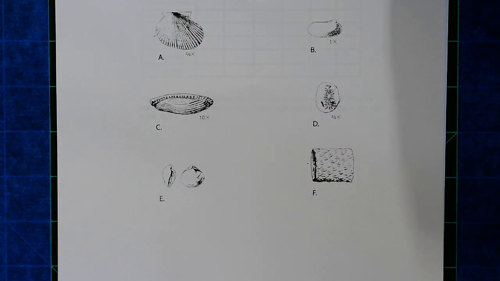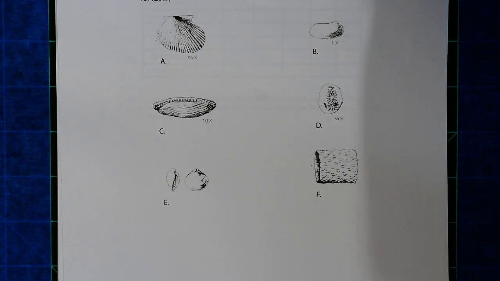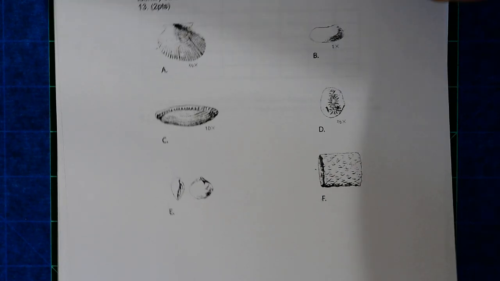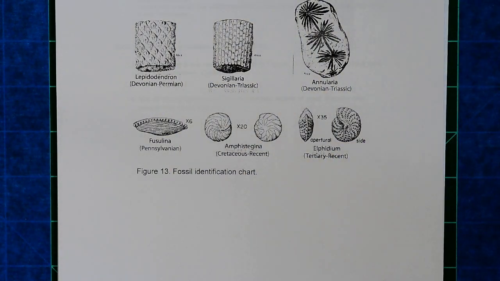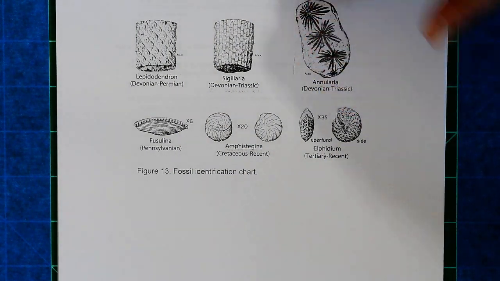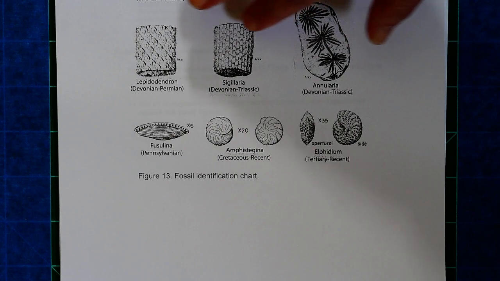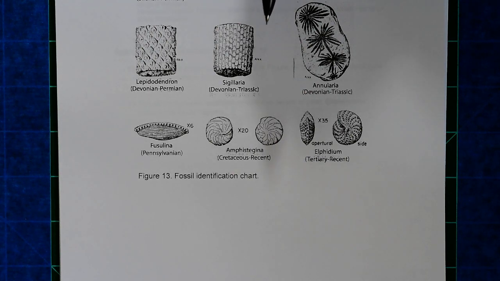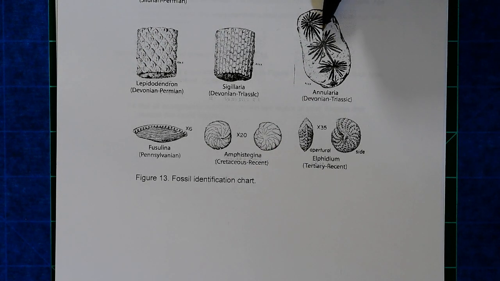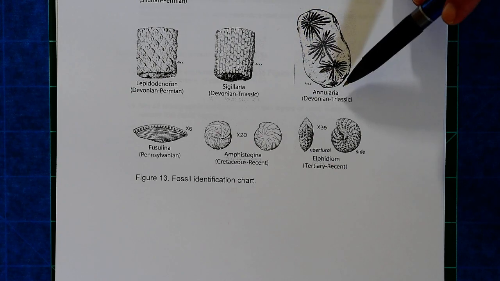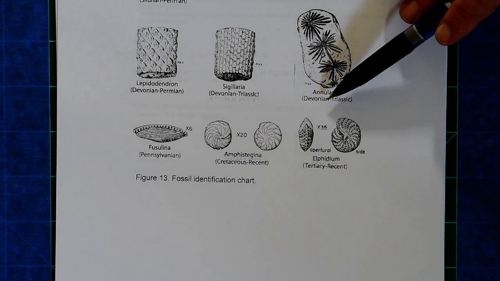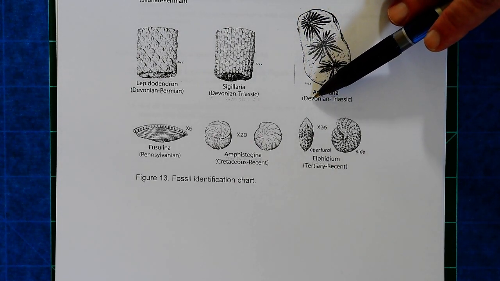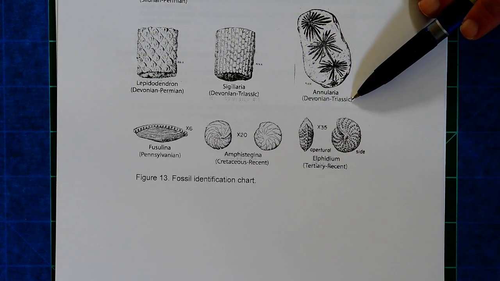And you might be saying, how the heck am I going to do that? Well, I give you a page or two where there are different fossils listed. So you basically have to match the fossils with the identification chart here. And for example, this fossil here, there's the name, Annularia, and then underneath it, it says it existed from the Devonian to the Triassic.